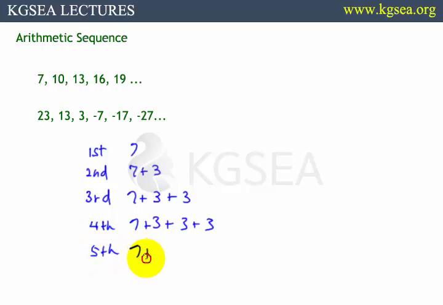What is the fifth term? You know it. So now let's express this in a slightly smarter way. So it is 7, all right? And this is 7 plus 3. And this could be said as 7 plus 3 times 2, because there are 2 of them.